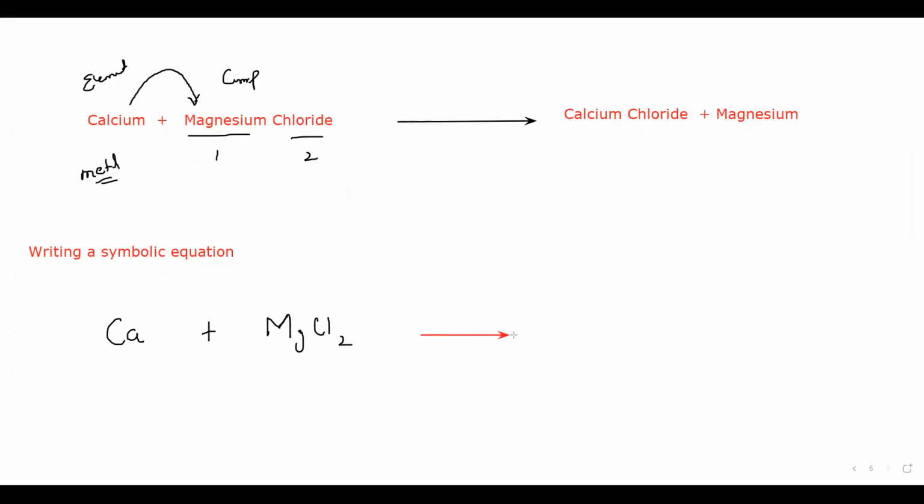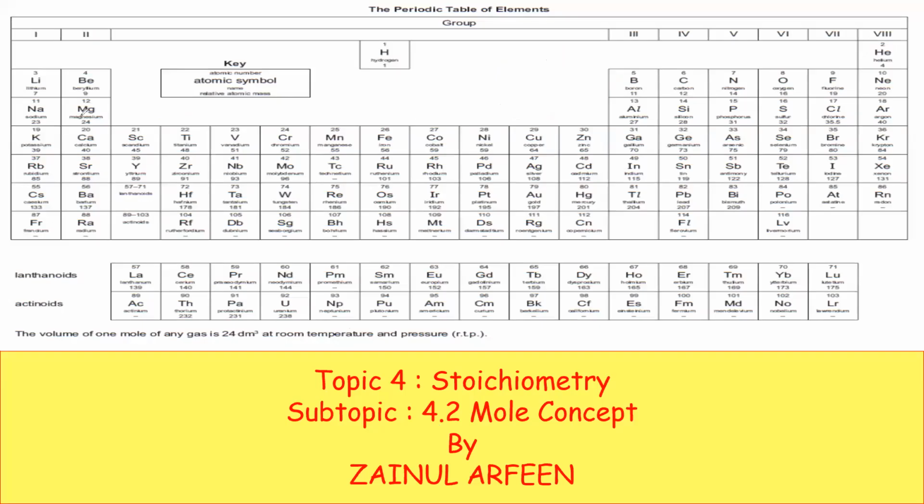And then it gives calcium chloride. Again, calcium chloride is a compound. So when a substance is a compound, we have to use the valencies to write a chemical formula. When we check the periodic table, calcium is plus 2 and chlorine is minus 1.